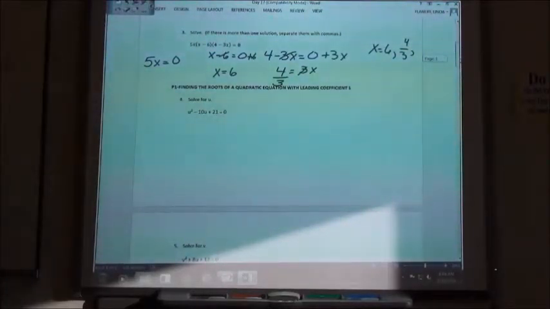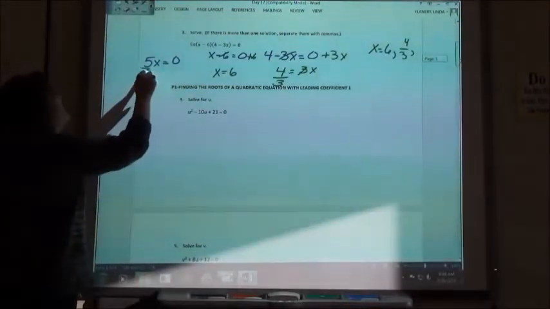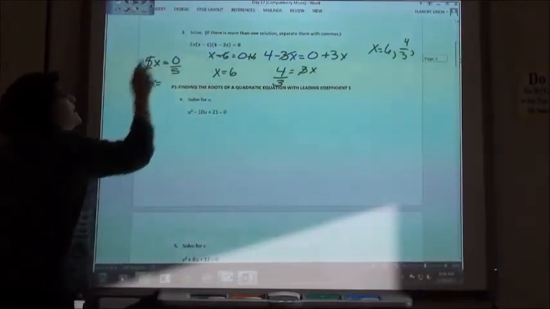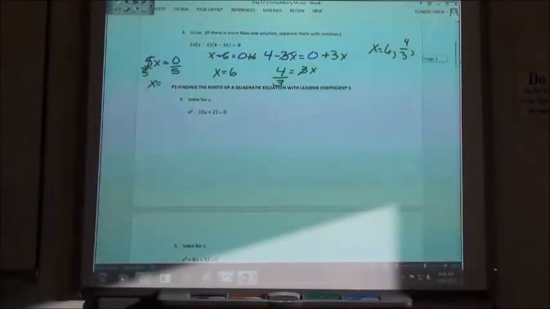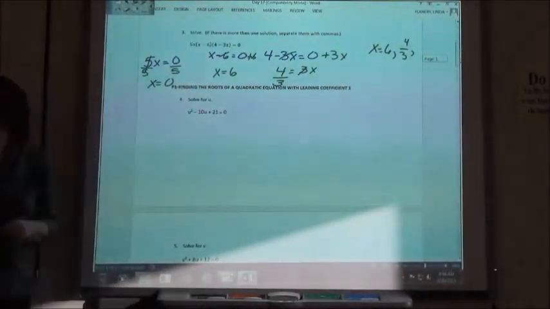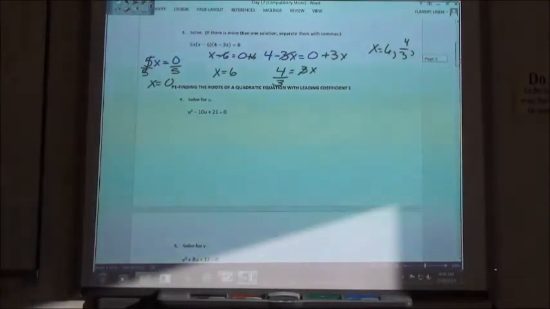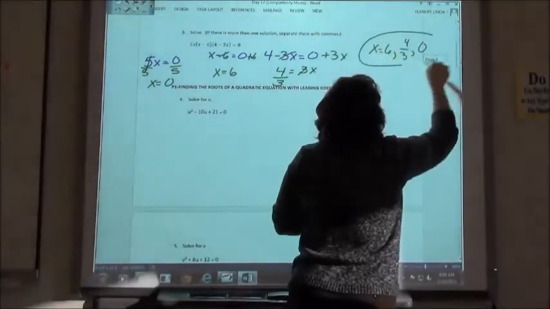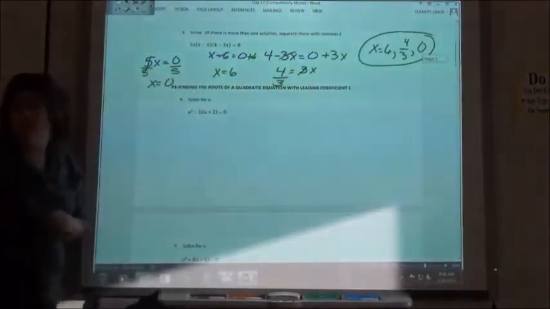You divide by 5. Exactly. That cancels that out, and 0 divided by 5 is still 0. If you substituted it in, 5 times 0 is still 0. That's what we want to get. So we have 3 answers: 6, 4/3, and 0 are all solutions to that one.